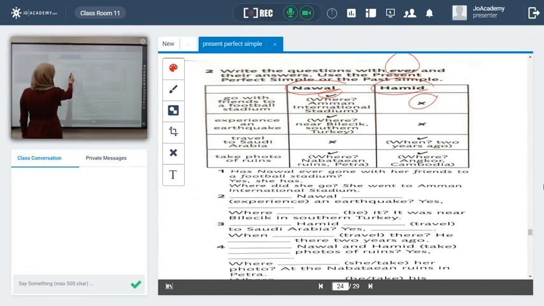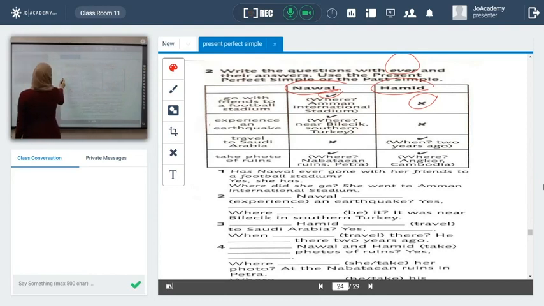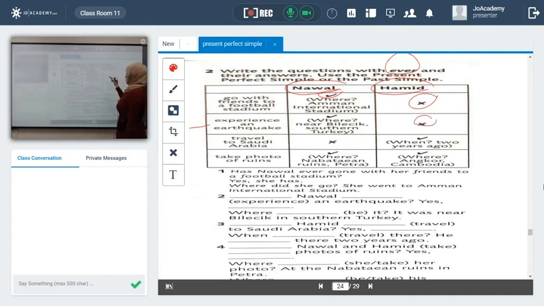Go with friends to a football stadium. Where? Amman International Stadium. Here we have a tick, but here we have a cross. The second one, experience an earthquake. Here we have where? Near Belzec, southern Turkey. But here we have a cross, so it is a negative one.